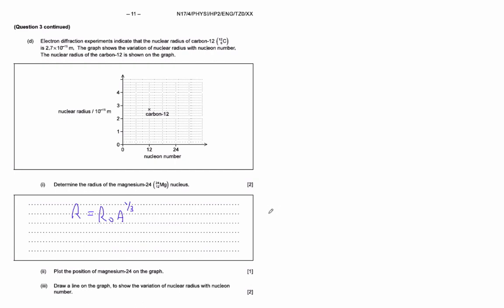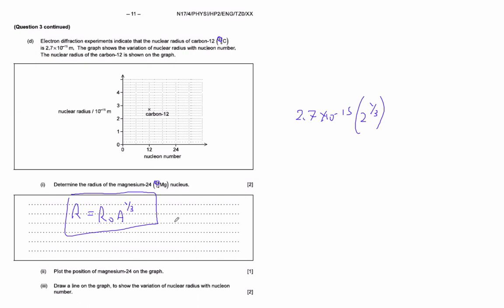The radius here is about 2.7 times 10 to the minus 15th. Notice that this is carbon-12, so it's got 12 nucleons. Here it's 24, and so it would be this times 2 to the 1/3. Okay, I just used this and I got full marks.